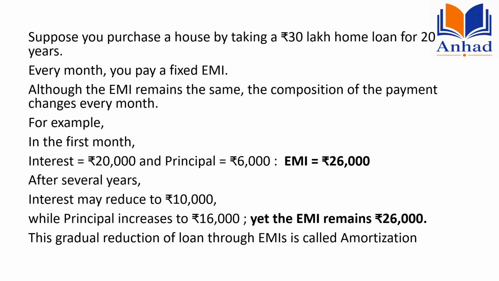For example, in the first month, interest is equal to 20,000 rupees and principal is equal to 6,000 rupees. EMI is equal to 26,000 rupees. After several years, interest may reduce to 10,000 rupees, while principal increases to 16,000 rupees. Yet the EMI remains 26,000 rupees. This gradual reduction of loan through EMIs is called amortization.